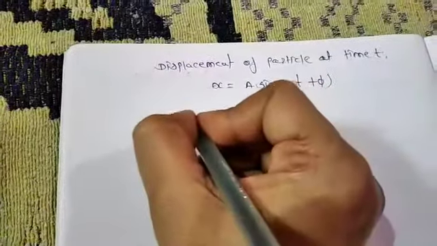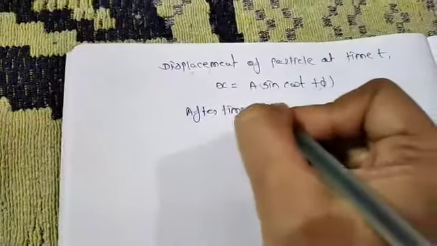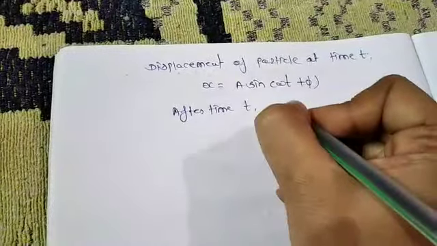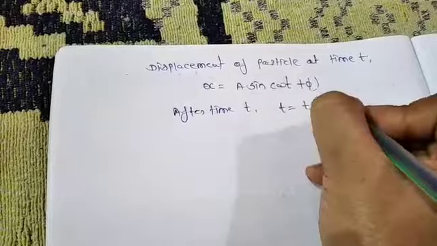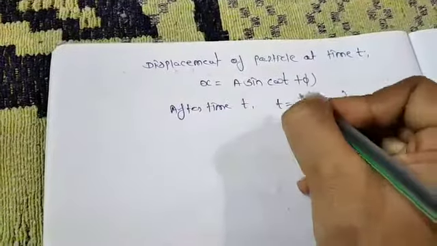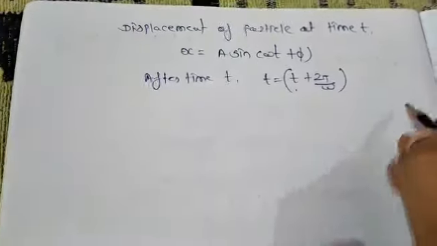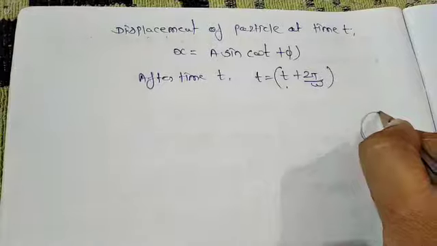So after time t, this t becomes t plus 2 pi by omega. As we consider circular motion, this is a periodic motion, but it is not an oscillating motion.